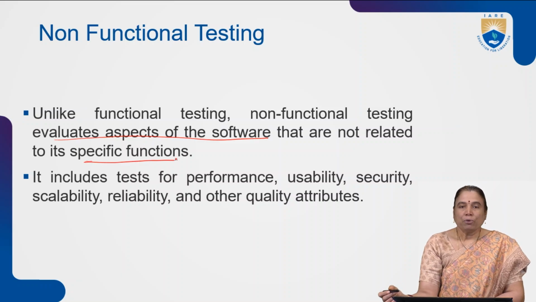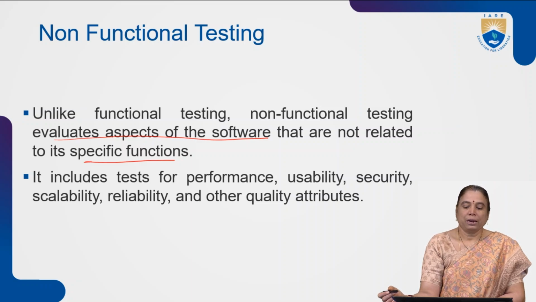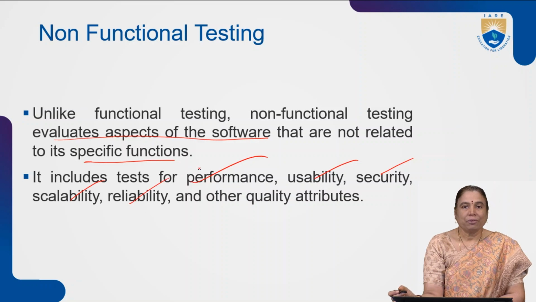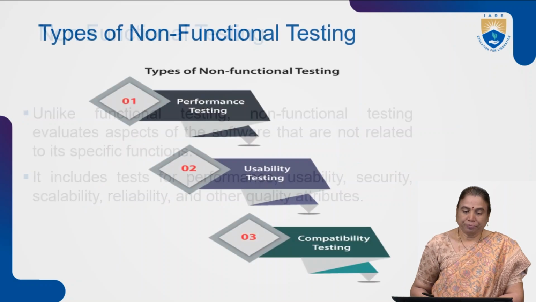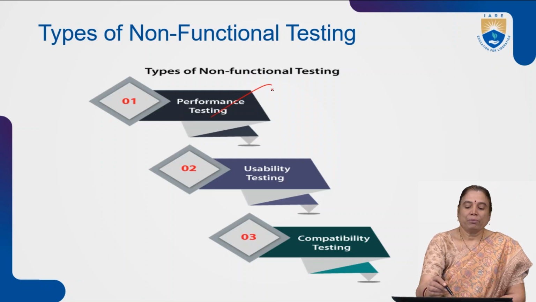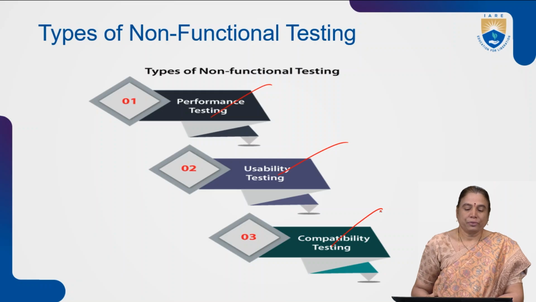It includes tests for the additional features of the software, such as performance, usability, security, scalability, reliability, and other quality attributes. So the types of non-functional testing are performance testing, usability testing, and compatibility testing.